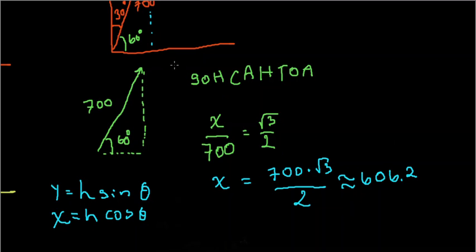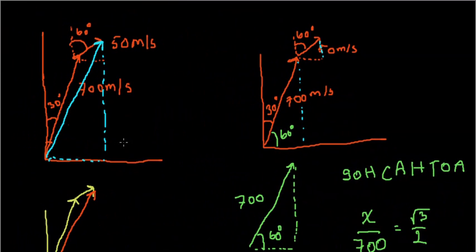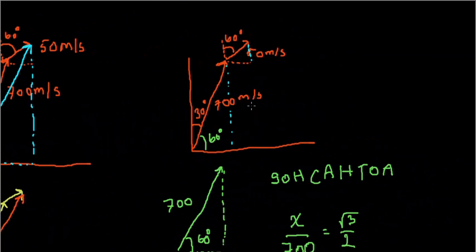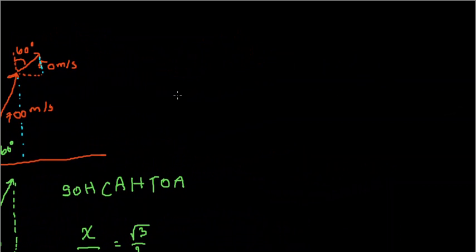Alright, so we're not done, we're halfway done. The problem asks what's the vertical component. So we got this part, now we need this part. So let's have some room here and draw another triangle. I'm making it big so that I could draw more.